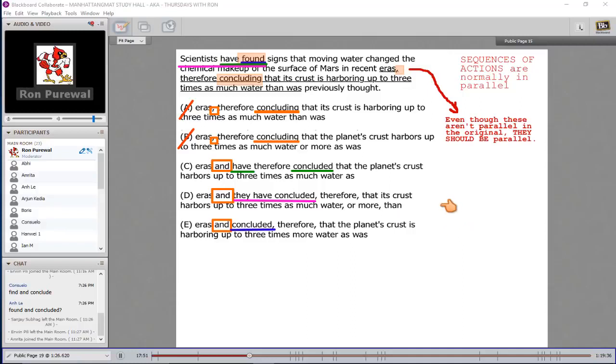So deciding among these, what is this supposed to be telling us? Like, what's the quantitative comparison? The crust holds what?